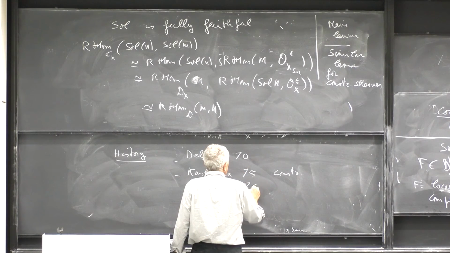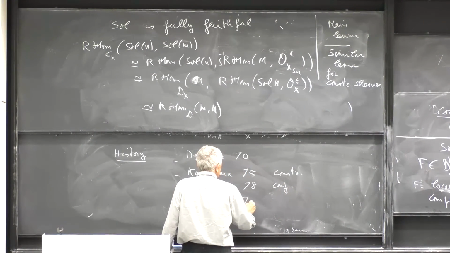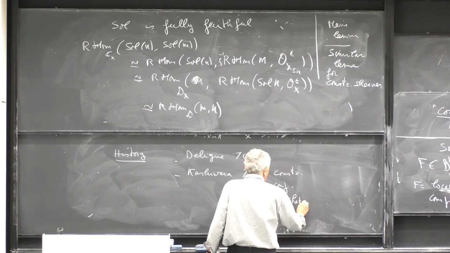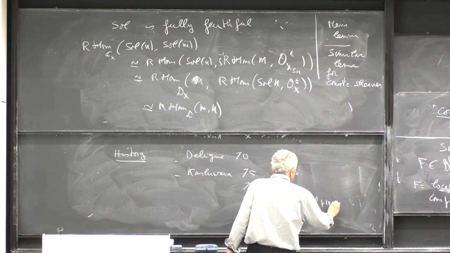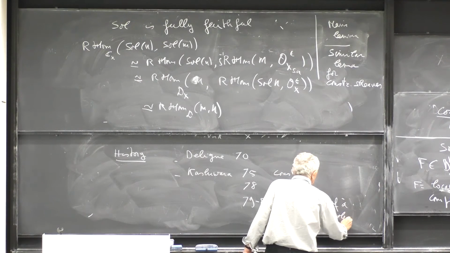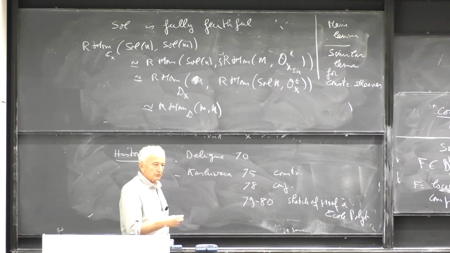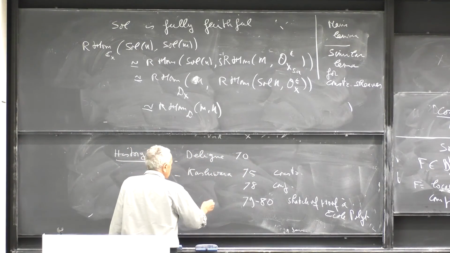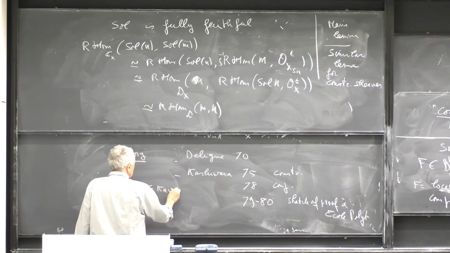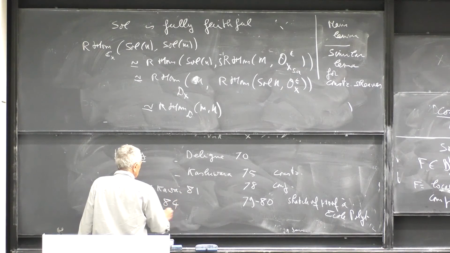In 78 he made the conjecture, and in 79 or 80 he gave a sketch of proof, which is written down in a seminar of École Polytechnique; it's not a talk, there are notes at École Polytechnique. And there are important papers, Kashiwara-Kawai in 81, and Kashiwara in 84.